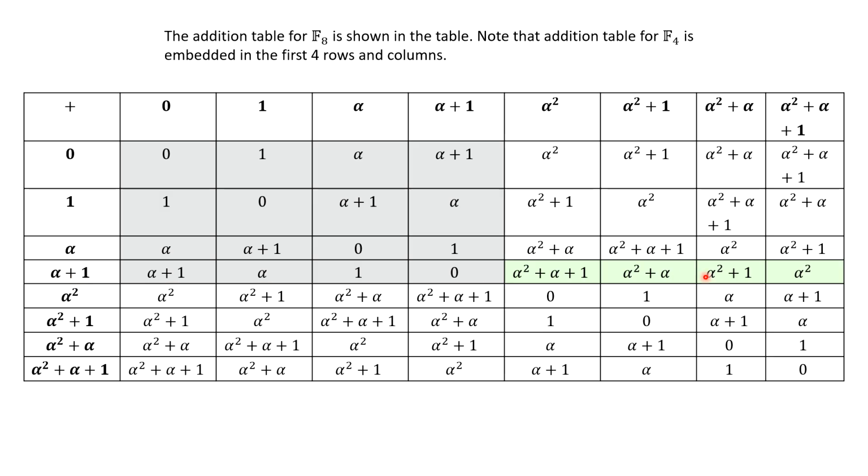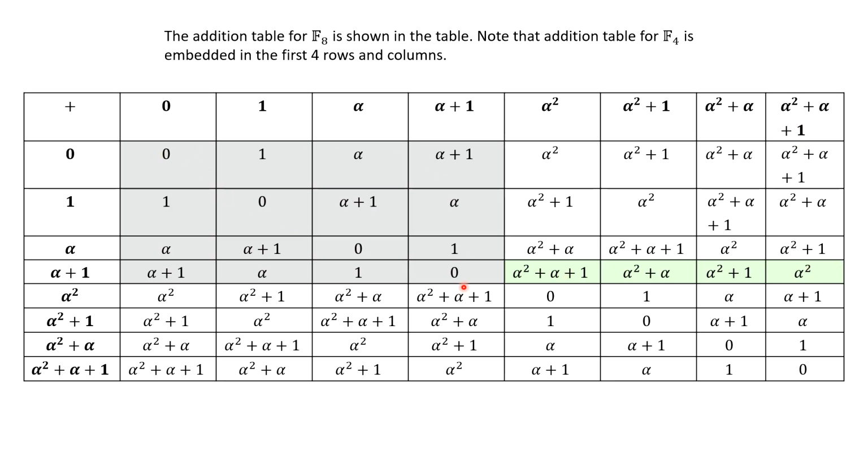Then alpha plus 1 added to this, we're going to get alpha squared plus 2 alpha, but the 2 is 0 in our F2, and then plus 1, so we just get alpha squared plus 1. And then one more, alpha plus 1 added to this, and you get alpha squared, then 2 alpha plus 2, but the 2 alpha and the 2 are both 0, so you just get alpha squared.